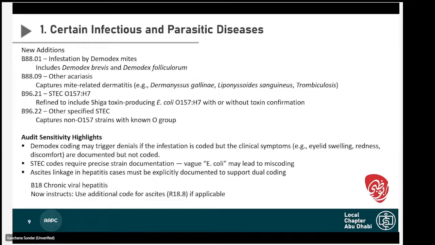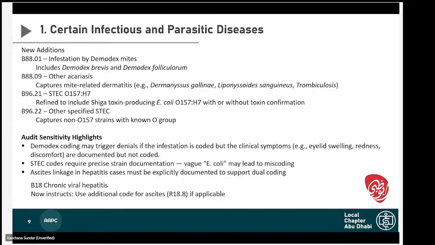And this is another interesting excludes instruction which has been added to this chapter, which I thought is important to bring to your attention, about ascites, because ascites has a lot of impact on our billings. Under chronic viral hepatitis, there is now a new instruction which advises use additional code for ascites. This was not existing before.